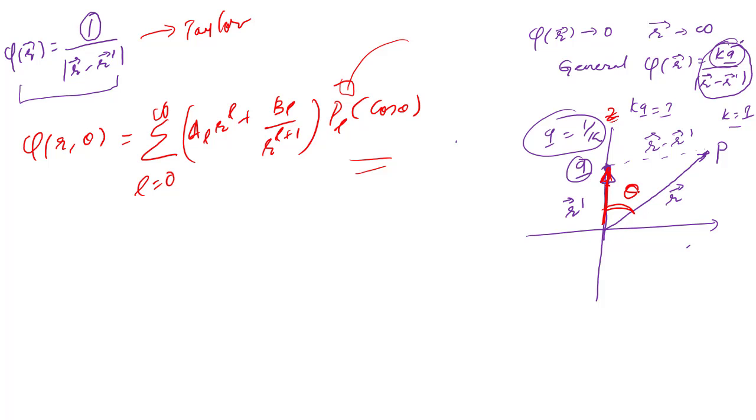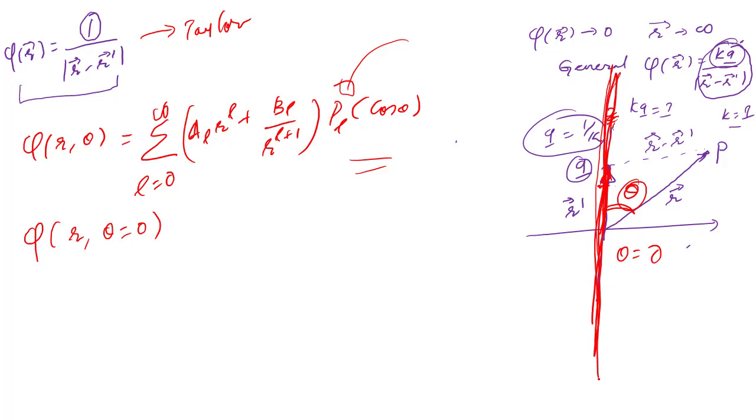So if we look at a boundary condition, it would be phi of r, theta equal to 0. This boundary condition would mean all the points along the z-axis, right? If I set theta equal to 0, then I'm basically talking about all the points along this axis.